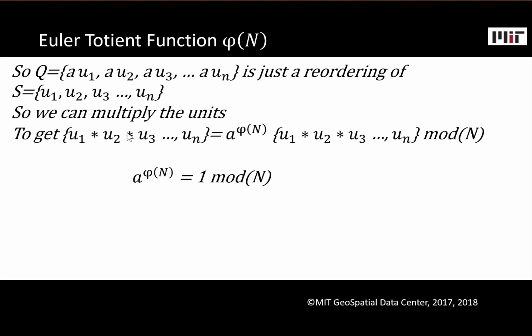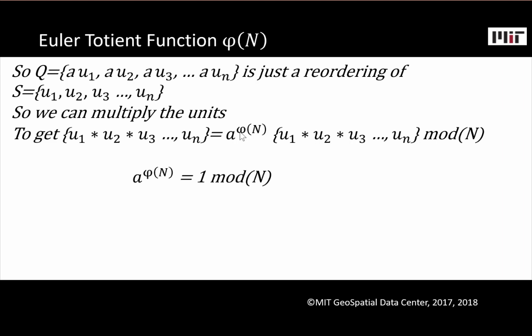So this means we can again multiply these units together on both sides. Now again, these won't come to factorial anything. These will just be multiplied together, and these are bound to be the same ones again on the right hand side. So what we have is the number of a's in Q is just the Totient function phi of n.